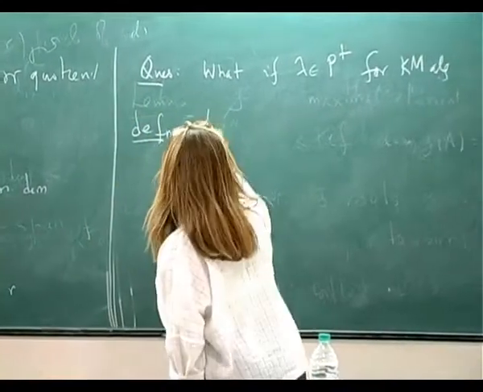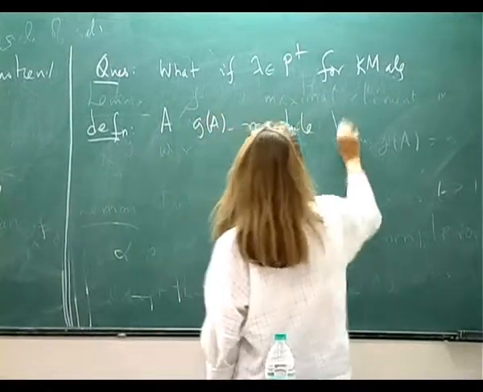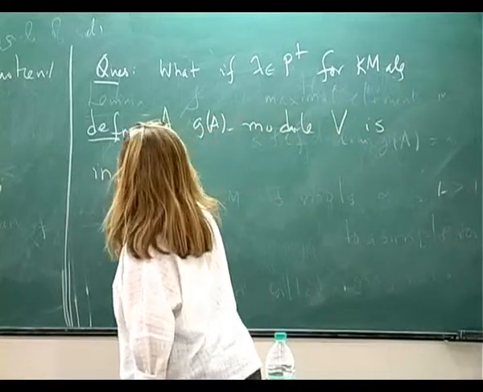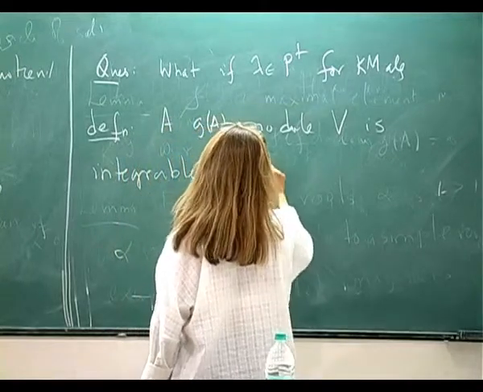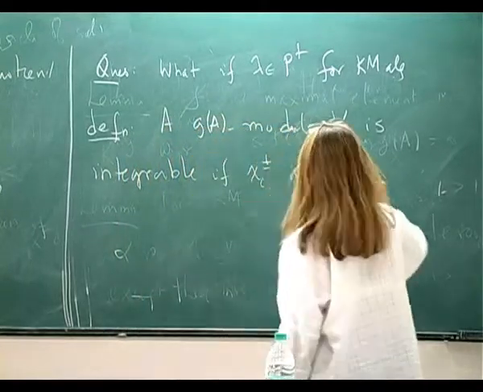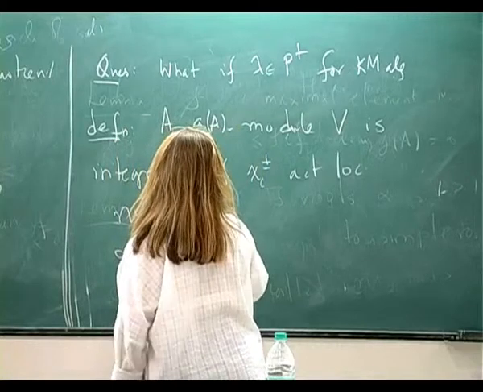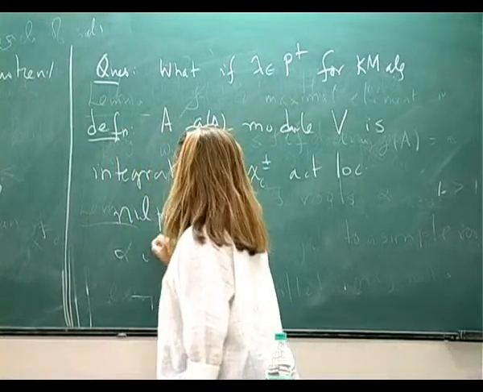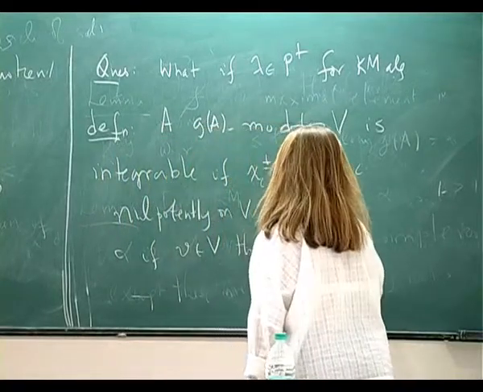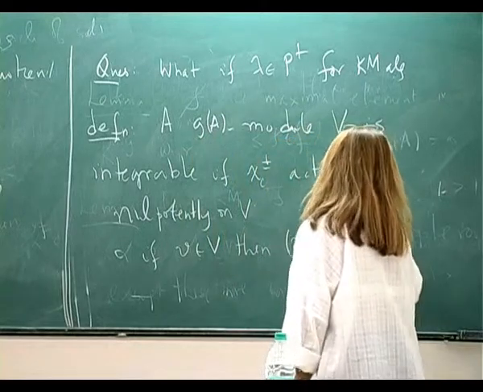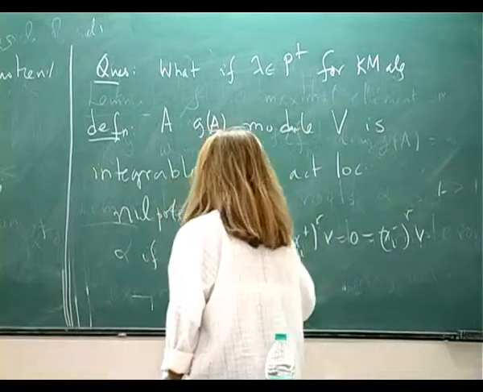So, definition: we say a GA module V is integrable if our generators act locally nilpotently on V. So what locally nilpotent means is, if you take any element v in V, then xi plus to the r v is 0, and xi minus to the r v is 0 for r sufficiently large.